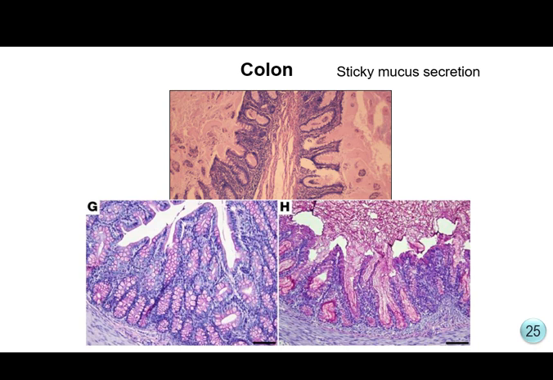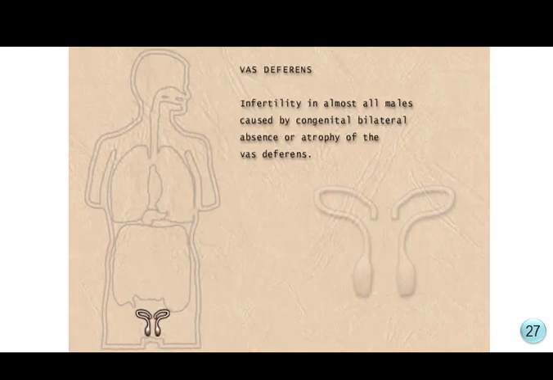On the right, you don't see the distinct structure of these crypts, because all these spaces are occupied by mucus. This is mucus. All these are mucus. And that's mucus too. And it starts to get fibrosis at some point. So that's the sticky mucus secretion in a cystic fibrosis patient.